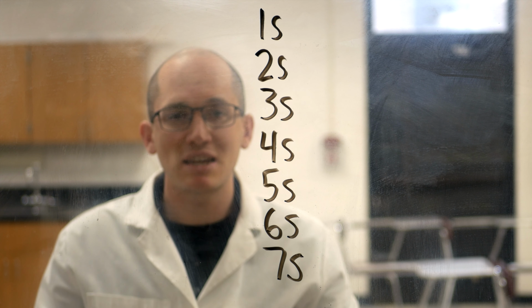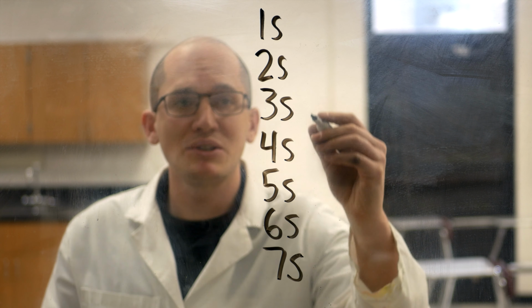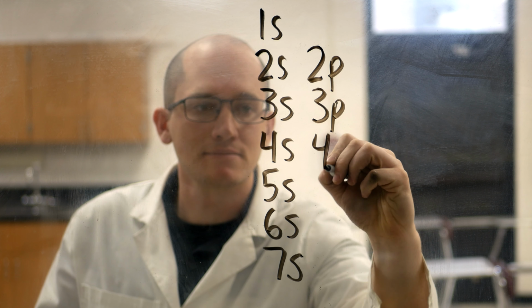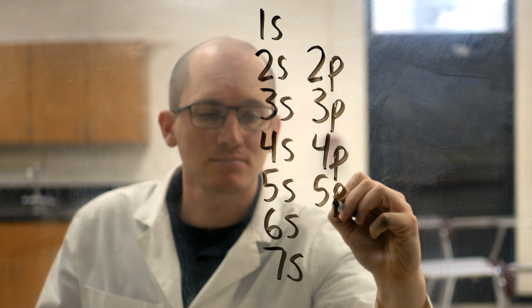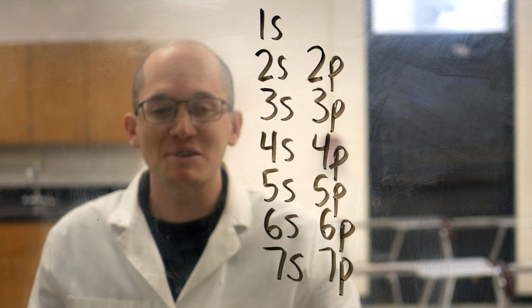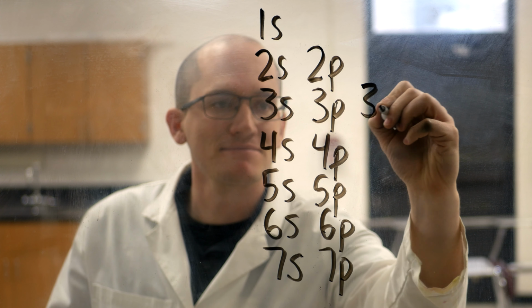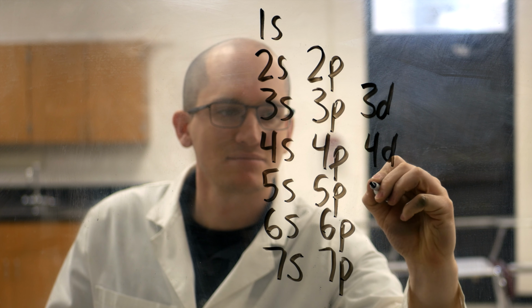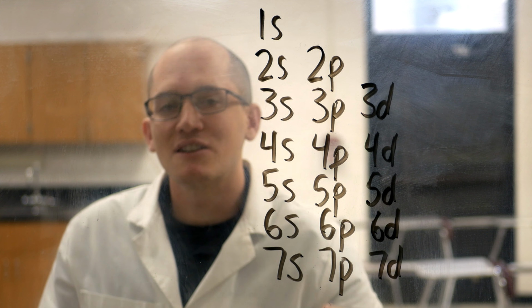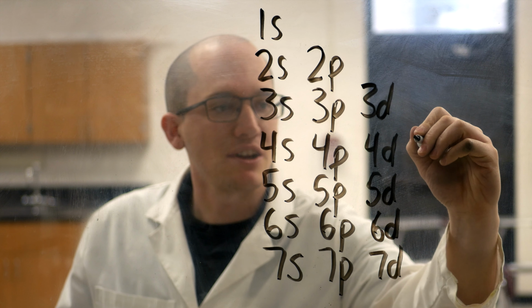After I do that, I do the same thing except with P, and I start at 2. I do the same thing with D, except I start at 3. And finally, the same with F, except I start at 4.